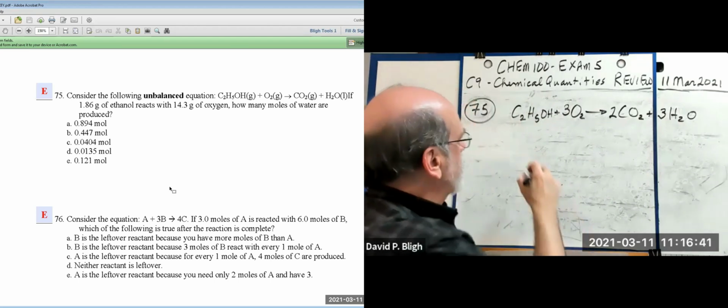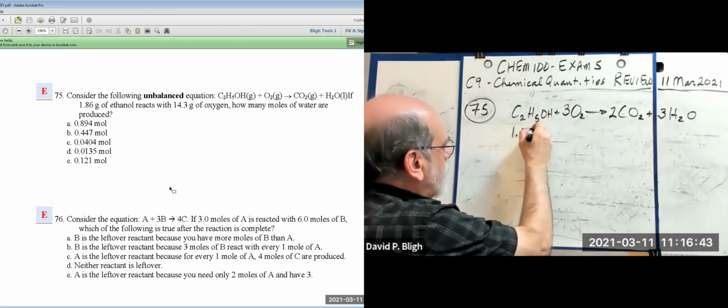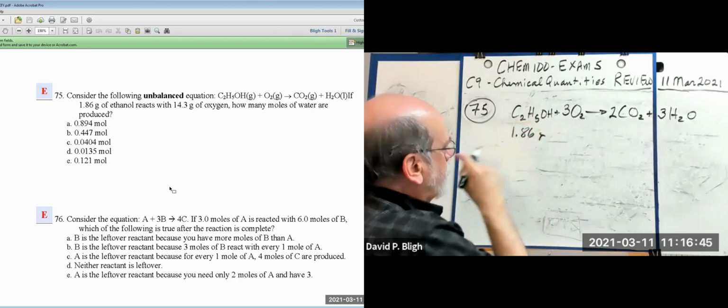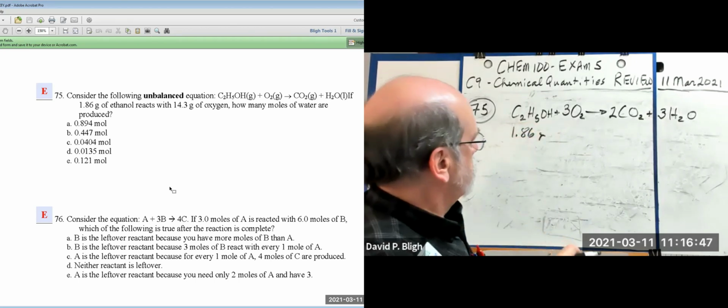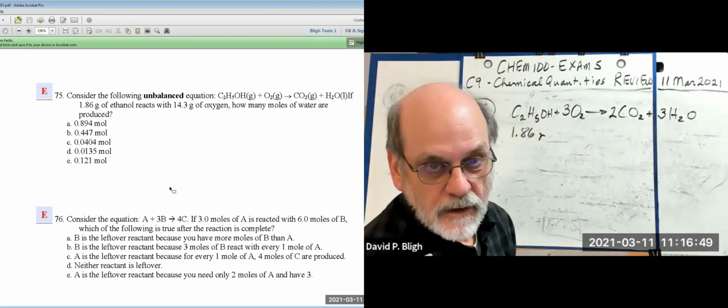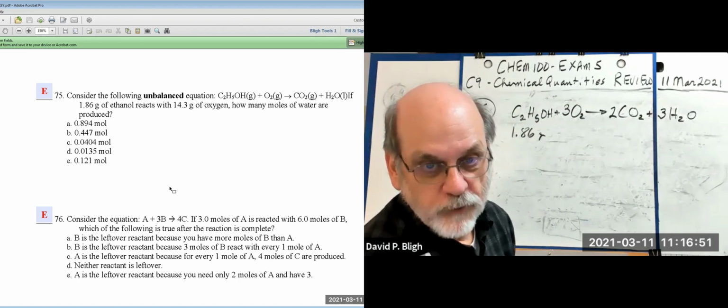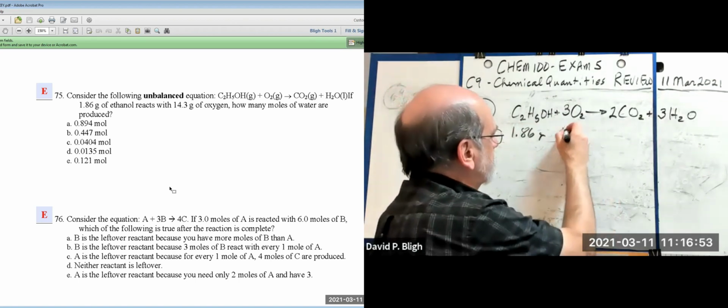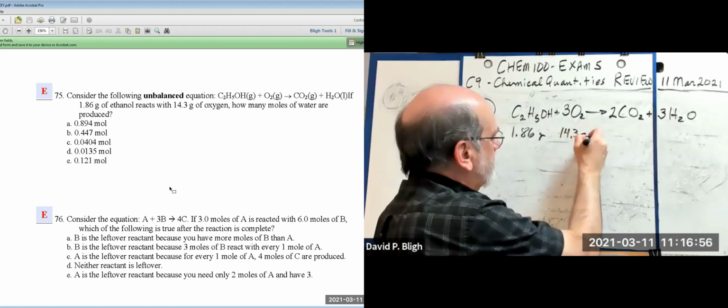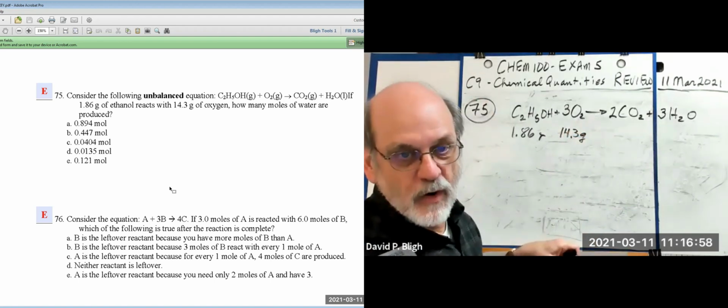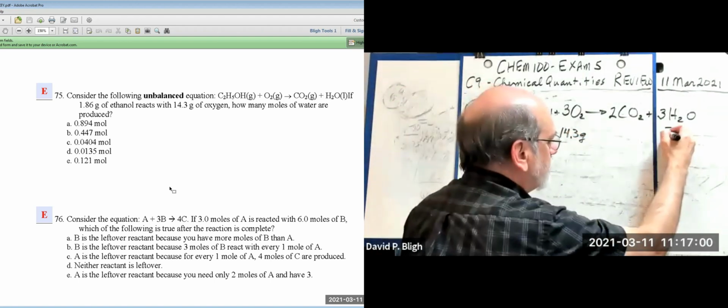Now, what's the question? 1.86 grams of ethanol react with 14.3 grams of oxygen. How many moles of water are produced?